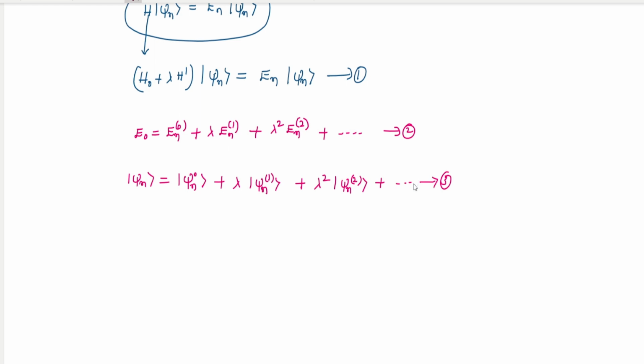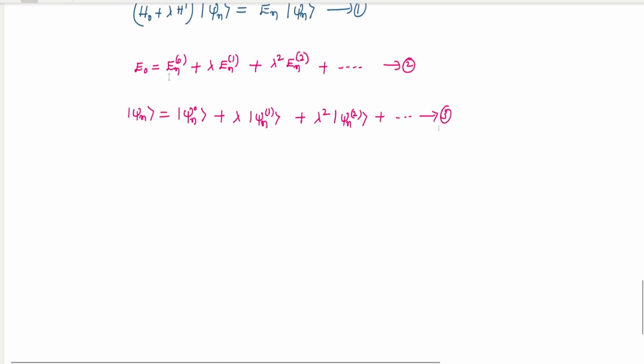The terms independent of lambda are known as the unperturbed terms. The energy En power 0 is the 0th order energy, and this is the 0th order wave function.